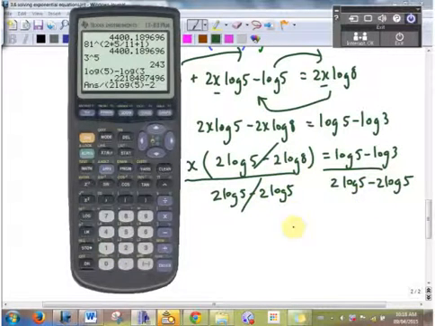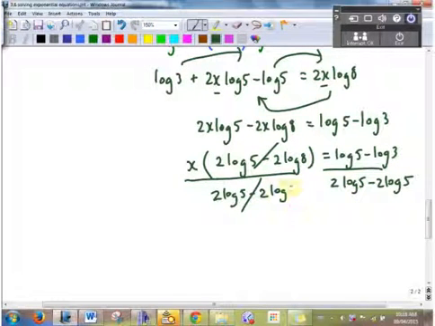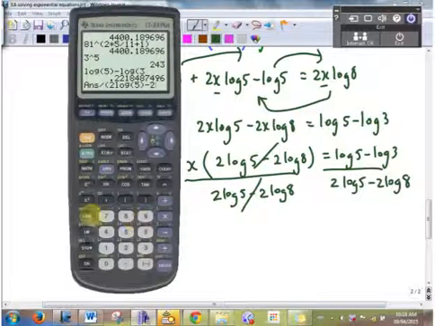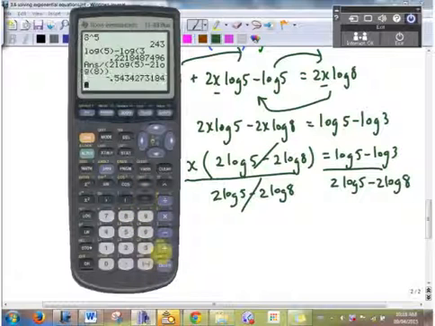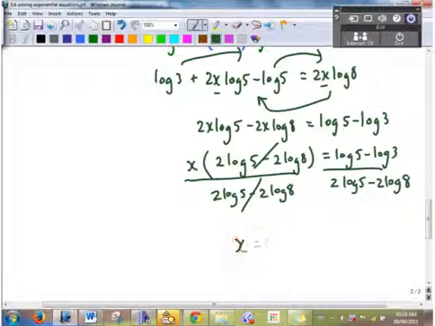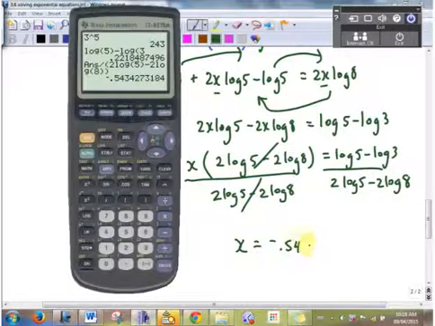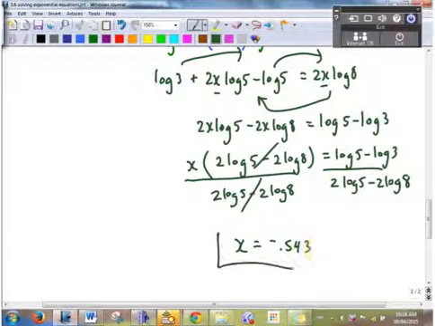Yeah, it is, thank you. I just saw that. Those aren't the same. That's a log 8. Log 8, bracket, bracket. That's what x is. Negative 0.543. Okay?